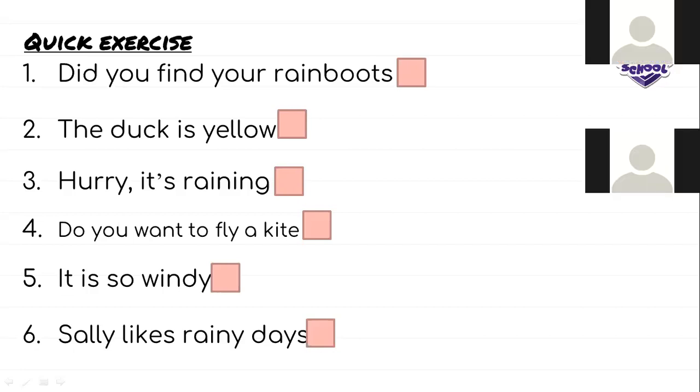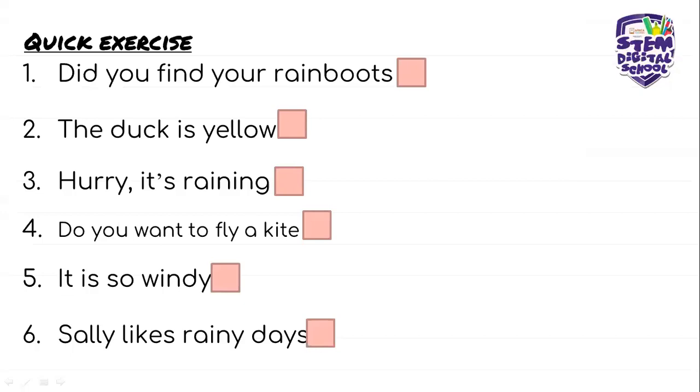Hi, ma'am. Yes. Okay, do you hear me? Yes, ma'am. Okay. Did you find your rain boots? You put a question mark. Yes. The yellow duck is yellow. We put a full stop.